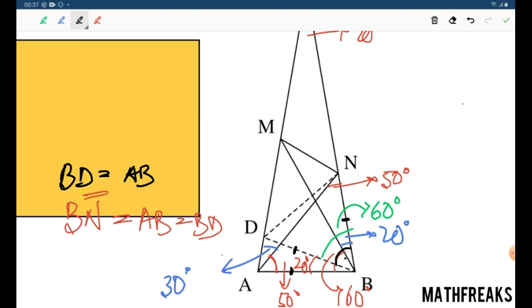And this total angle is what? 60 degree. So this is an equilateral triangle. This angle is 60 degree. This total angle is what? 60 degree. This angle, then this is what? 120 degree.